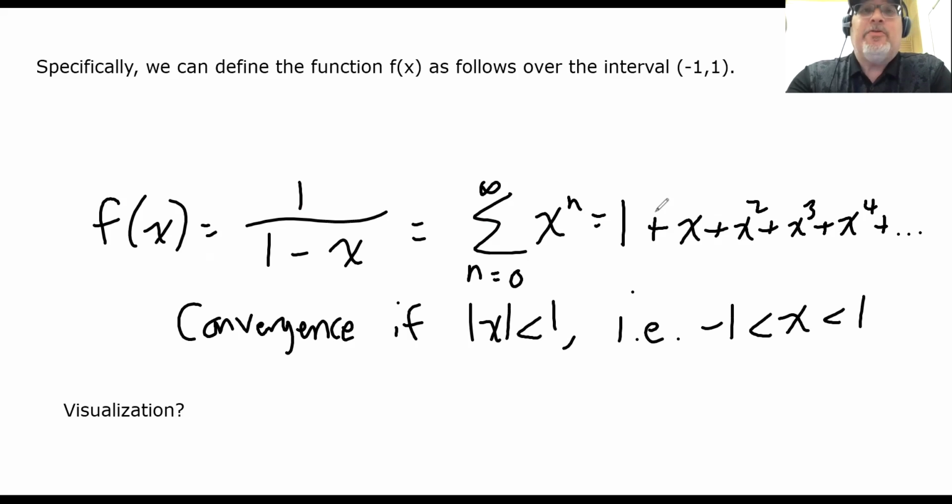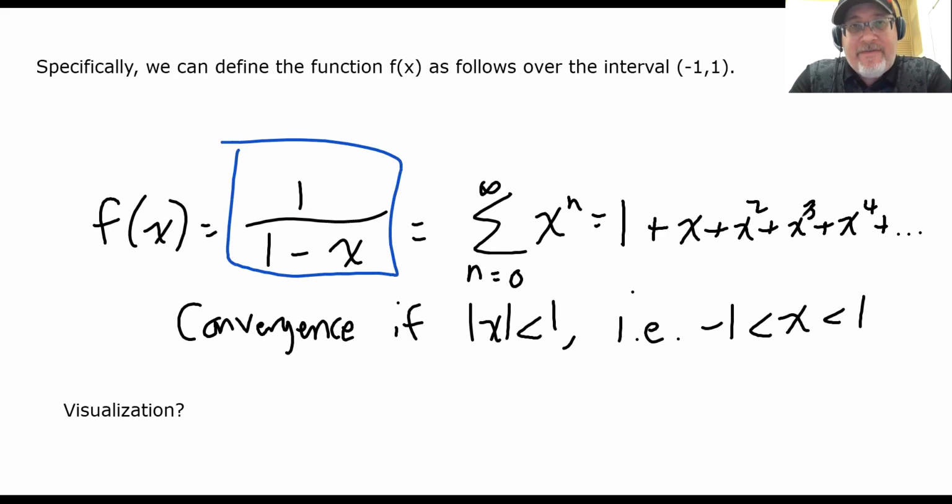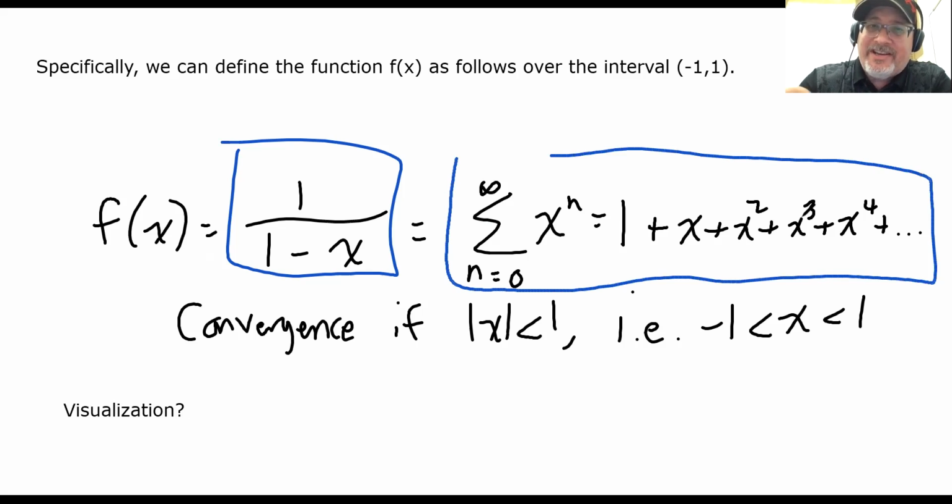So what does this even mean? What does this look like visually? I mean, if you go back to college algebra, this is a pretty standard graphing problem. There's a vertical asymptote at x equals 1. The horizontal asymptote is y equals 0. We could graph it and do other stuff with it. But how can you compare a graph of something from there with a graph of something that has an infinite number of terms? Well, the answer is we look at some partial sums.